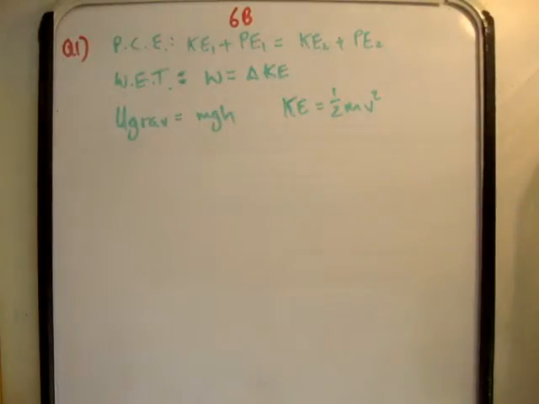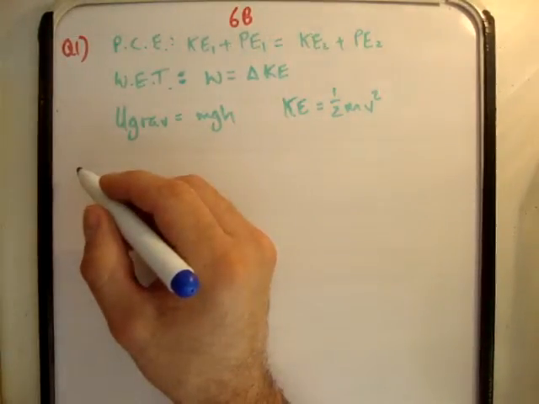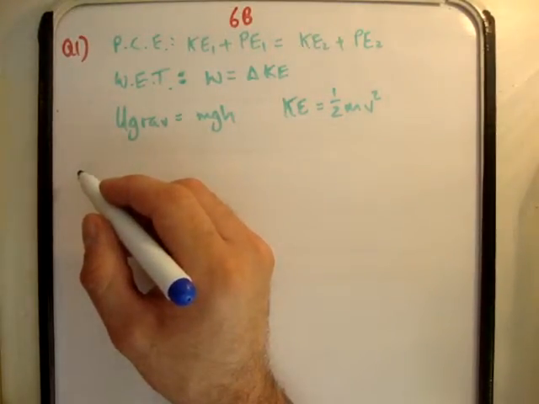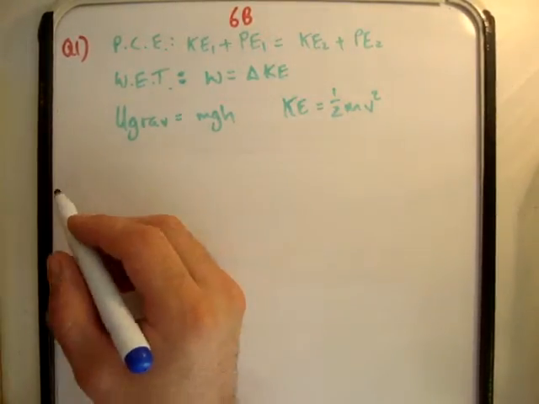So let's apply that. We're going to apply the principle of conservation of energy first of all. The projectile is fired from level ground at 20 meters per second. So let's go for the kinetic energy.